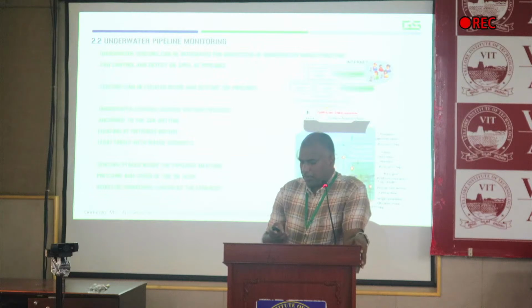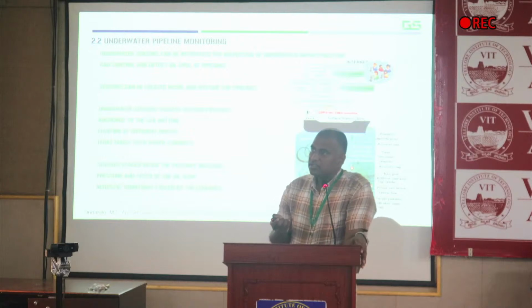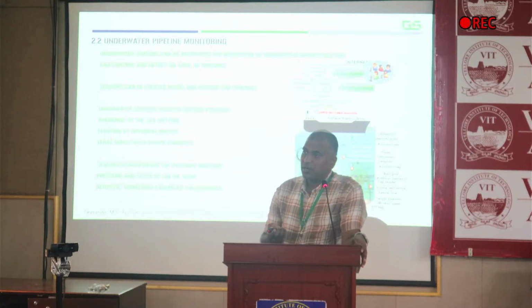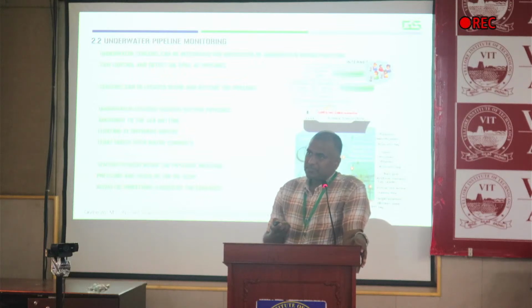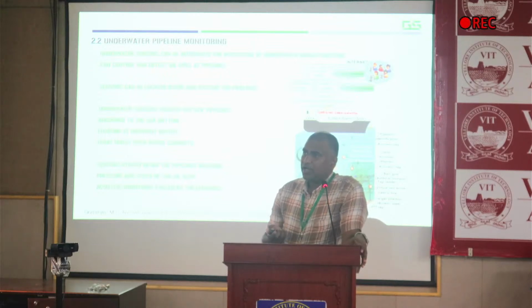In the underwater pipeline monitoring, if you see here, if some leakage happens, it is transmitted to the observers. We are observing these pipelines, and here the sensors are located.